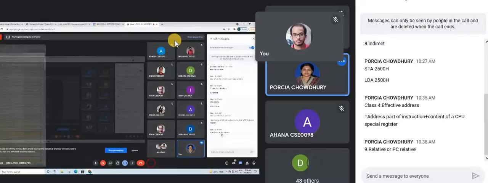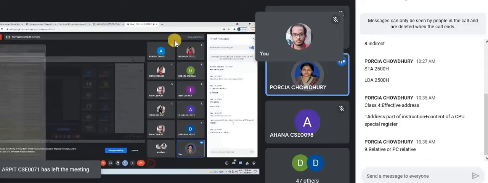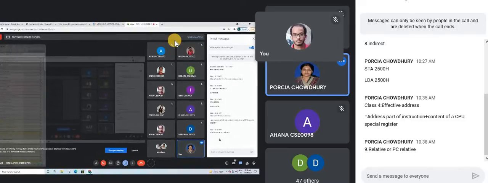Those who are writing, in this mode the effective address is obtained by adding the content of the program counter PC register with the address part of the instruction. That is your concept for relative or PC relative address mode. Fine. Now we will give you one example.